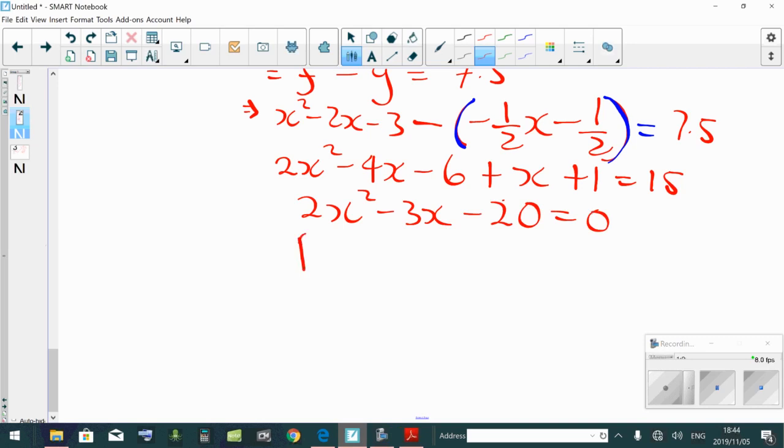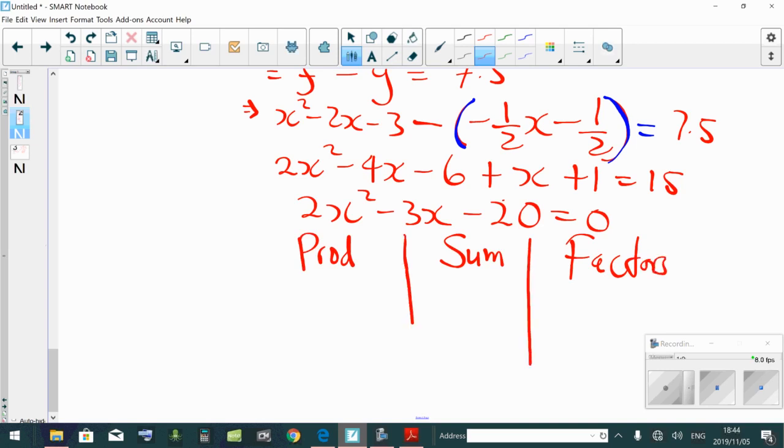I'm going to factorize this my old-fashioned way. It always works for me. Product, sum, factor. I usually use this method if the coefficient of x squared is not 1. Now remember, my product is a times c, so I'm having negative 40. My sum is negative 3.